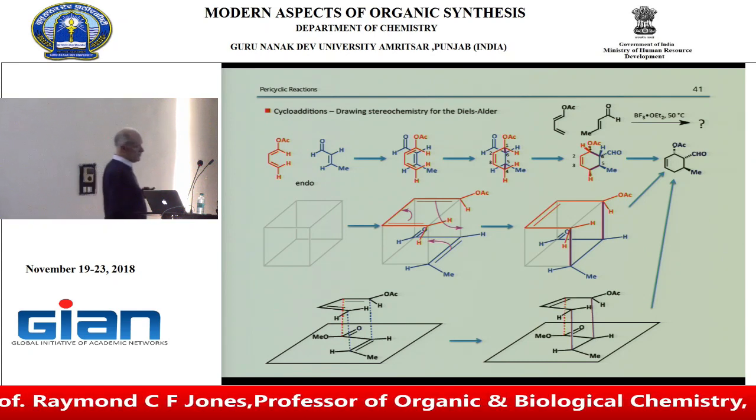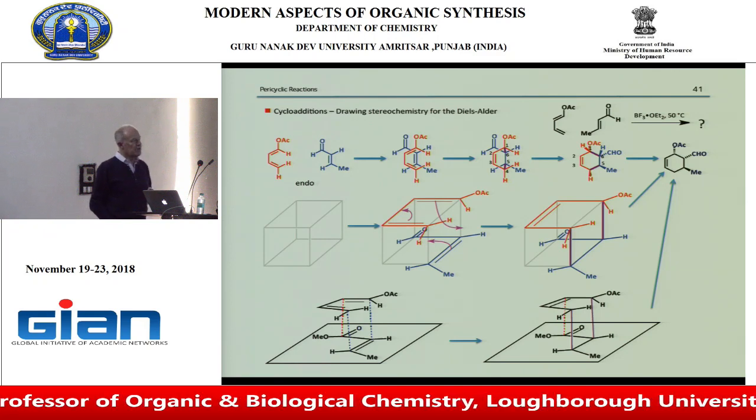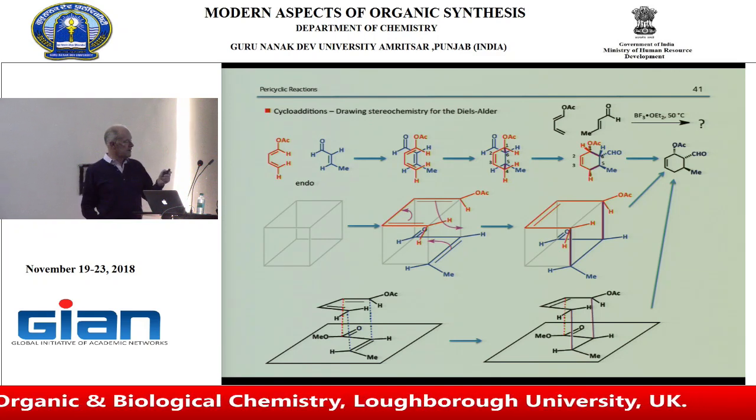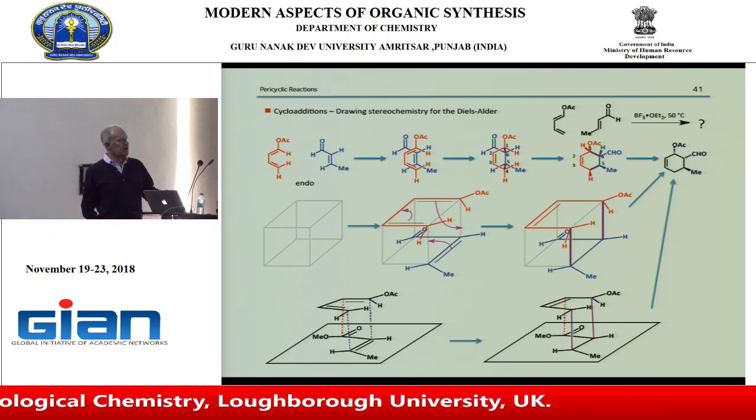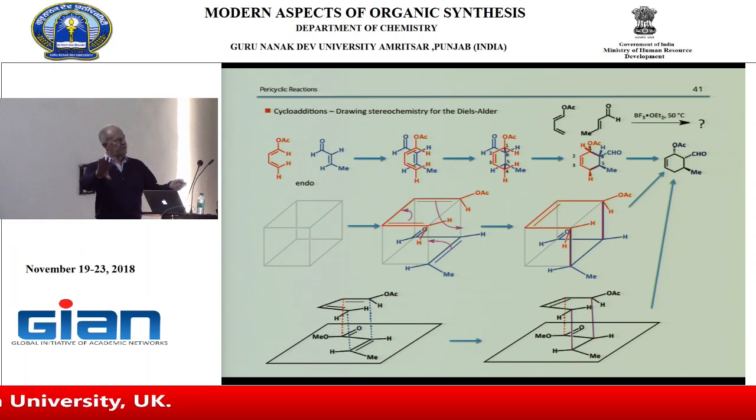So any of those ways of drawing it, whichever way you find easiest, will get you to the right result when you effectively unfold this, or turn this over so that you can draw it as a flat-looking six-membered ring.